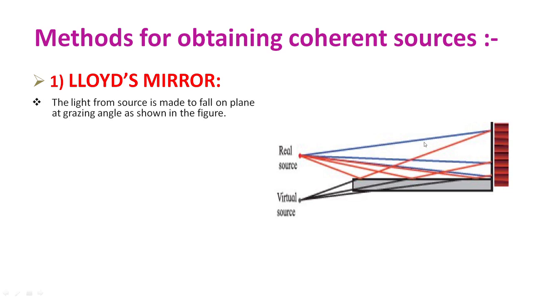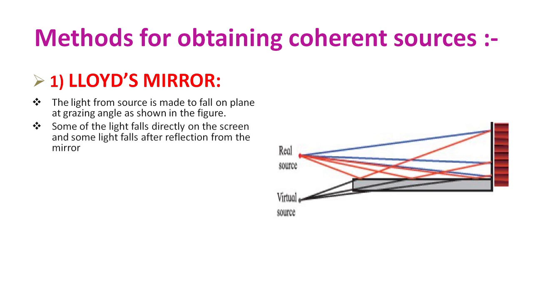This is the real source and the light from this source is incident on this plane mirror. Some of the light falls directly on the screen and some light falls after reflection from the mirror.